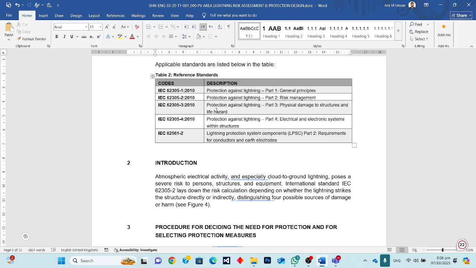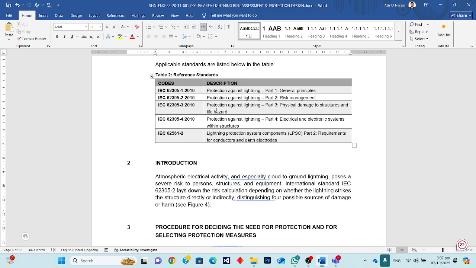In this standard, different requirements are mentioned. We have to follow these requirements, and then we can say it will be okay, and we can install the lightning protection system on the structures.